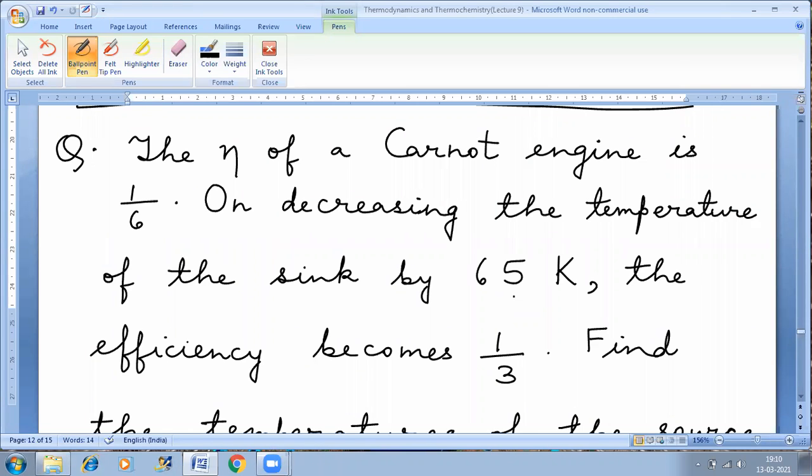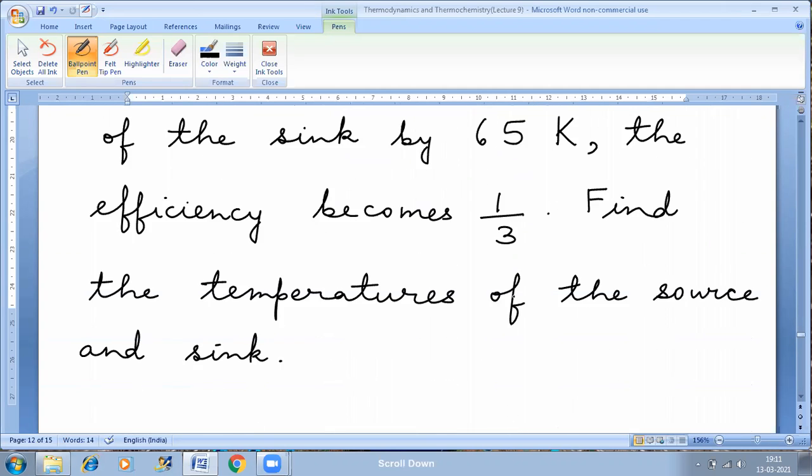In case 2, the temperature of the sink has been decreased by 65 Kelvin. So initially, the efficiency is 1 upon 6. And after the temperature of the sink has been decreased by 65 Kelvin, the efficiency becomes 1 upon 3. So we can get two different equations in terms of temperatures and then solve them simultaneously.